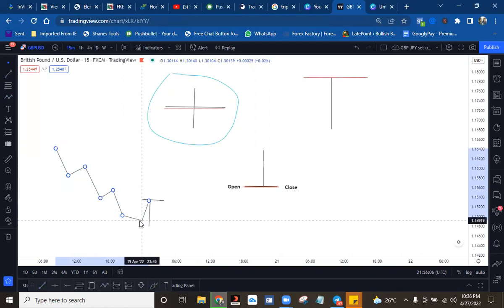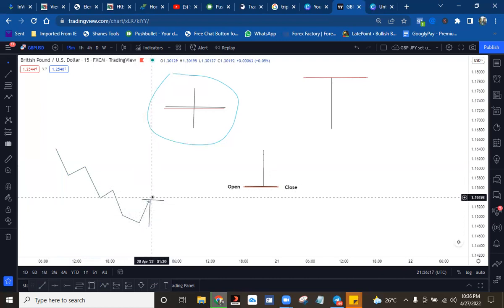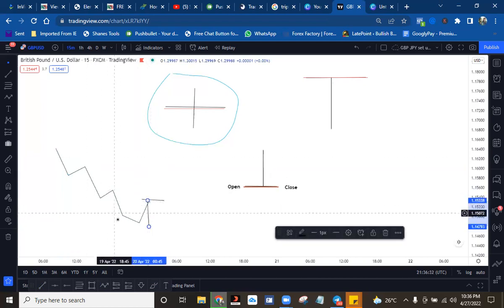So for the bulls to reject price and create an indecision around here makes that a good signal that there can be an opportunity to buy. So if you see a dragonfly doji form at the end of a downtrend, it is an effective bullish signal.